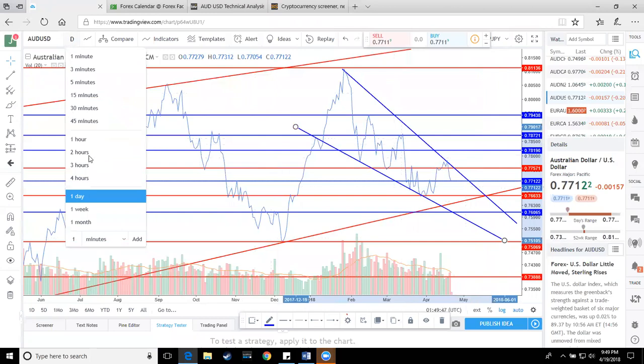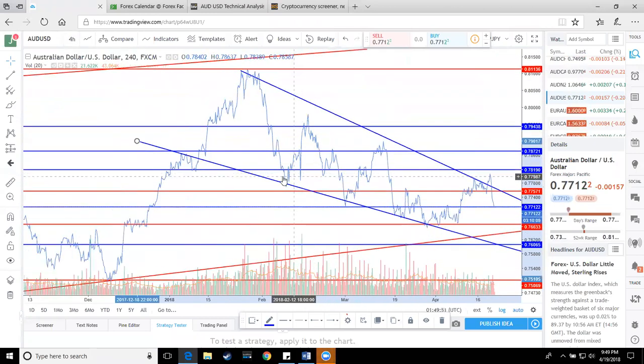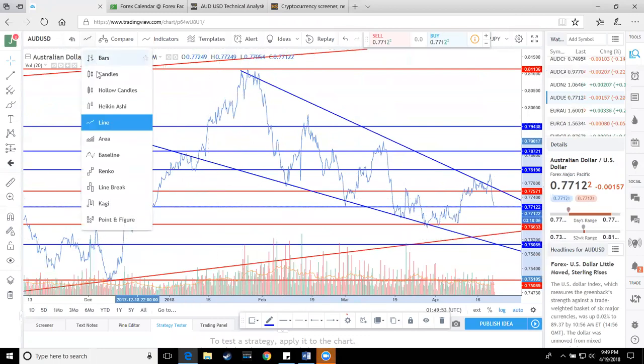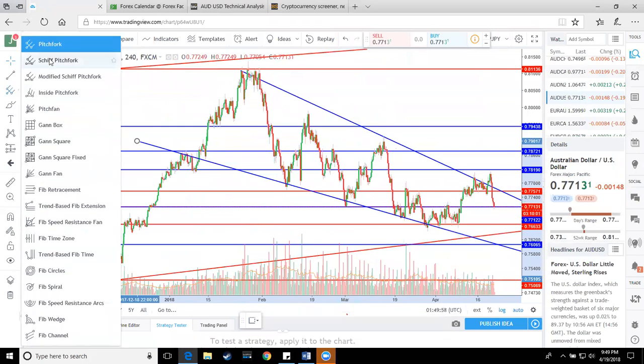So got that. And then I'll switch to my 4-hour. And once I switch to my 4-hour, what I always do is I switch back to my candles. And then from there, I mark up Fibonacci.